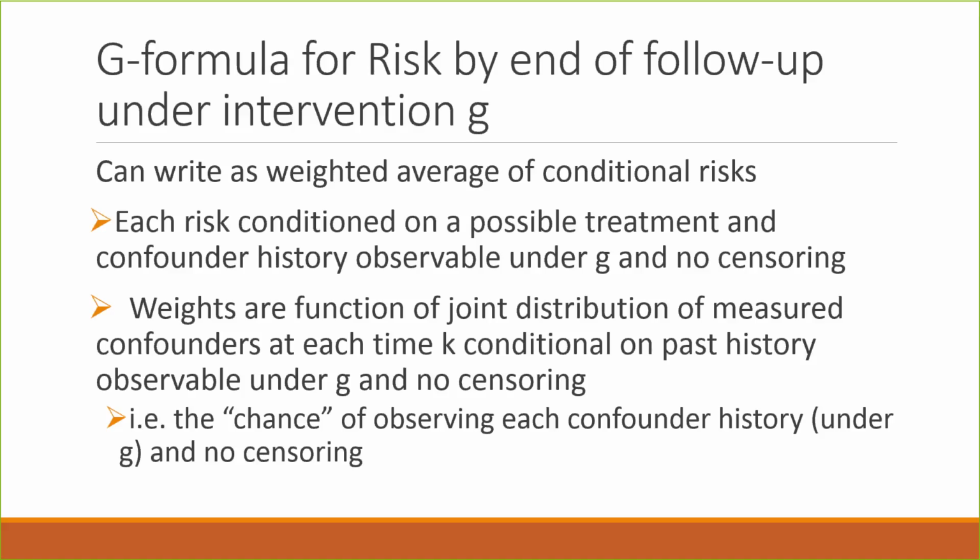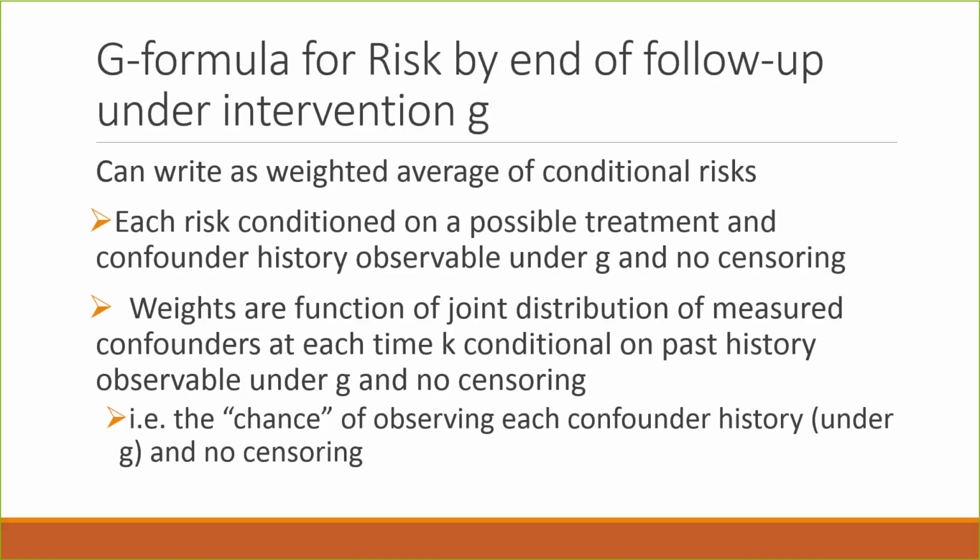Of course there's going to be an infinite number because those are continuous variables, but we could imagine enumerating every possible one that we can observe, which maybe would be just each one for each person in that treatment arm. We can imagine estimating the risk conditional on each of those possible histories we could observe.